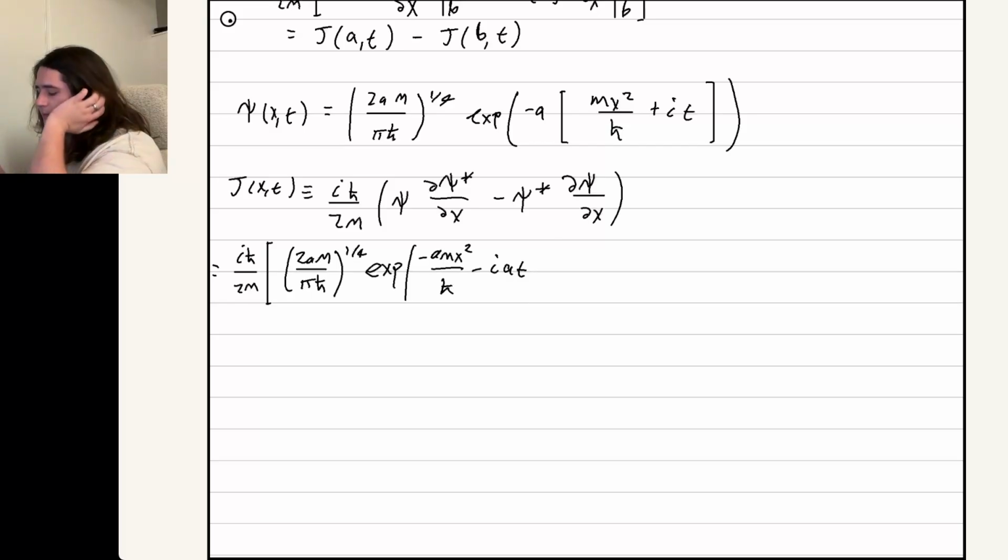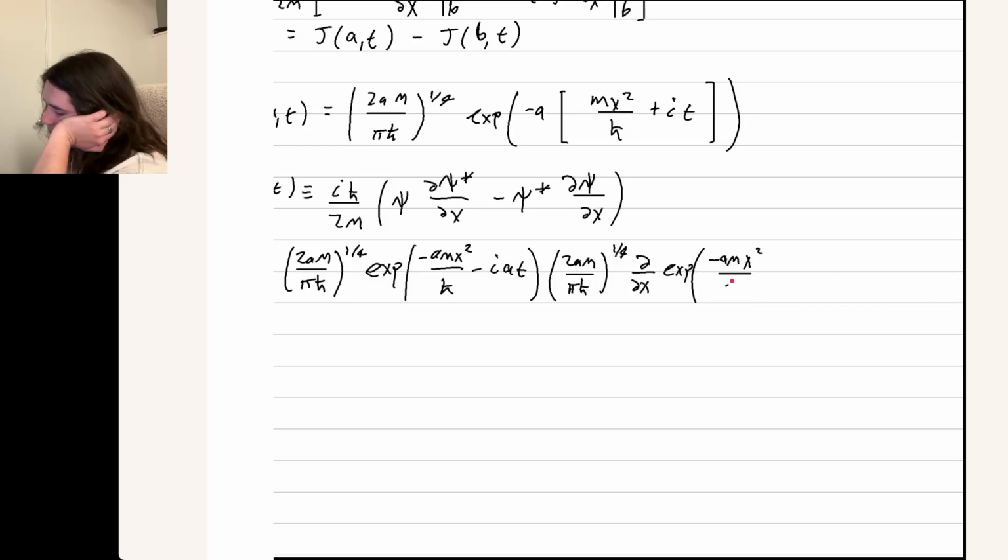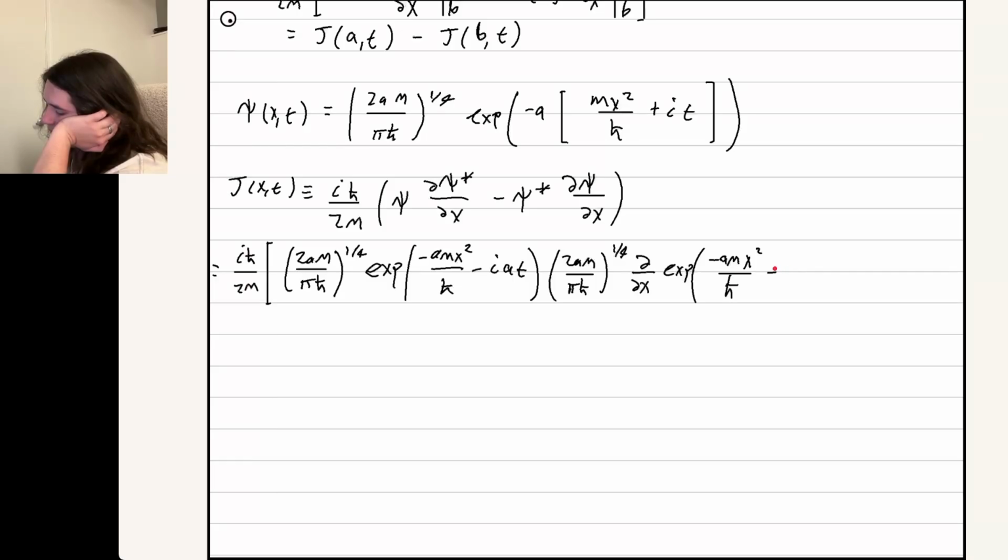Oh my goodness. And then the constant again, (2am/πħ)^(1/4), and then times the position derivative of the complex conjugate of this thing, which just puts a plus sign on the iat stuff.